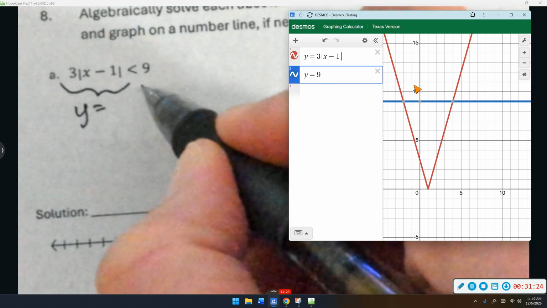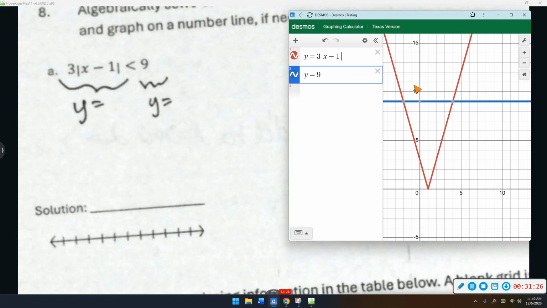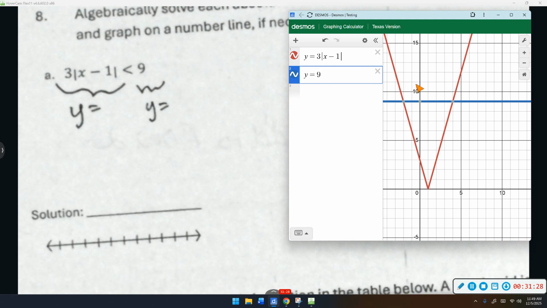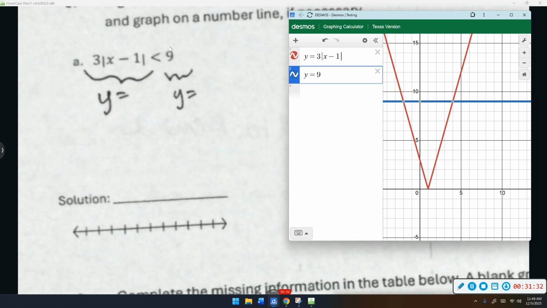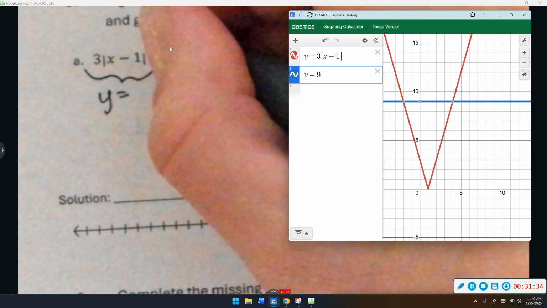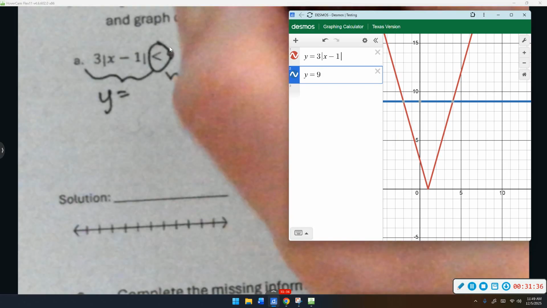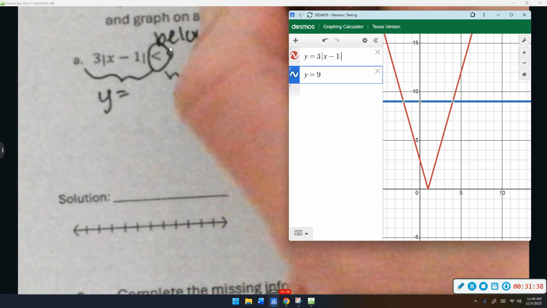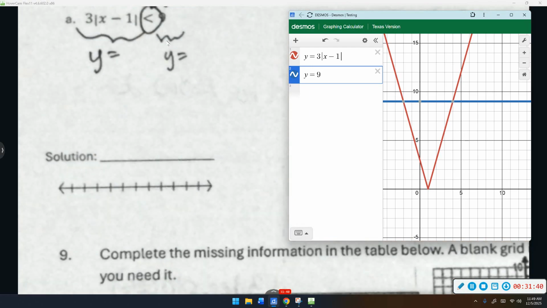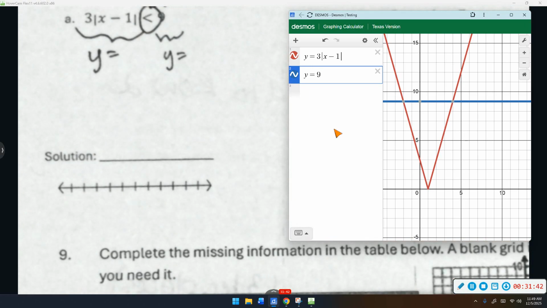And then the right side, also y equals. Okay. And then I got to know, what do I even want here? Well, look at your symbol. This is a less than symbol, which means I want the part that is below that line. Okay? So, first I'm going to see where they intersect.